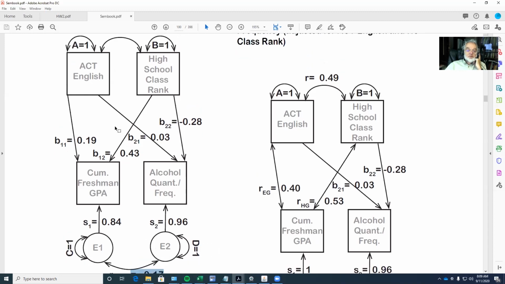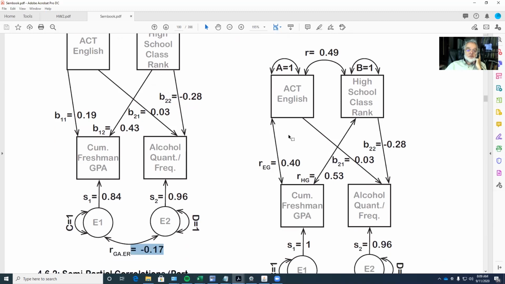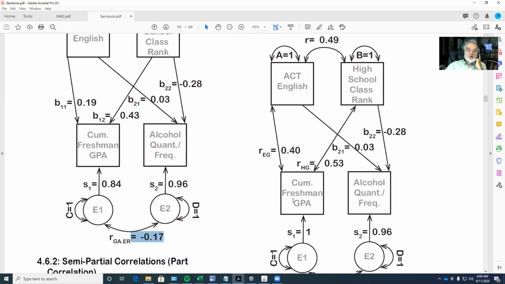I draw your attention to the diagram on the right, which looks very, very similar. It's just that instead of arrows connecting ACT English and high school class rank to freshman GPA, I have double-headed arrows.